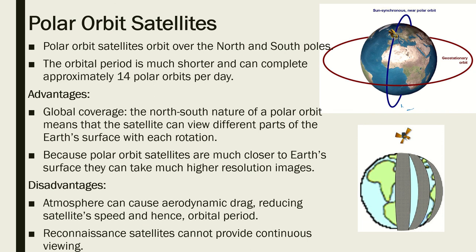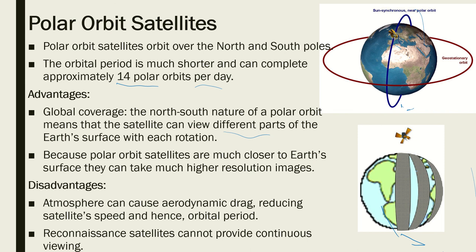So they're able to travel at faster speeds, and so they can complete approximately 14 orbits around the poles per day. So advantages, they can cover more of the globe around the north and south poles, so they can view different parts of the Earth with each rotation. So if you see this diagram here, as it's rotating around, it's going to get different parts of the Earth as the Earth rotates around.